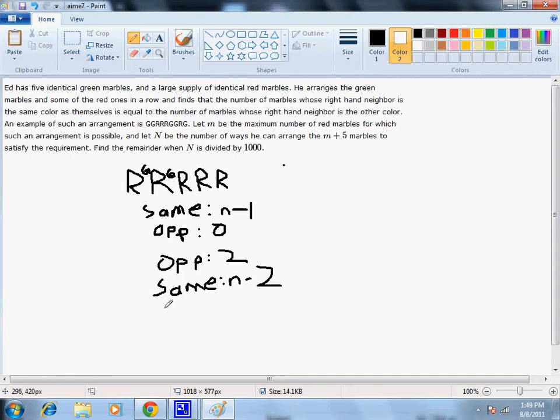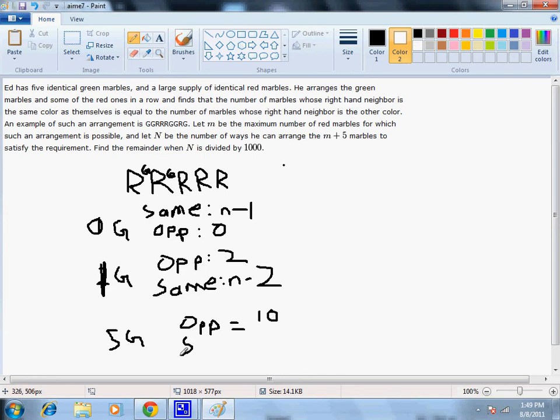So this is 0 green and this is 1 green. So if you go to 5 green, yes, the opposite is 10.